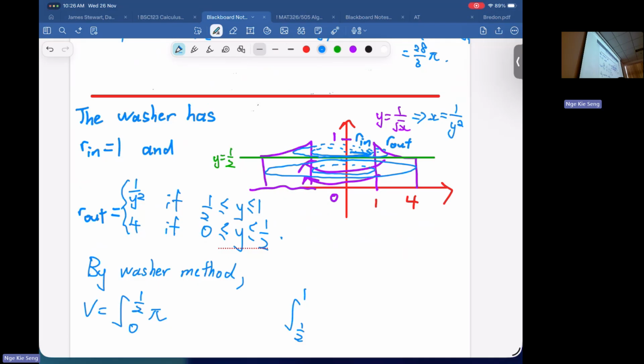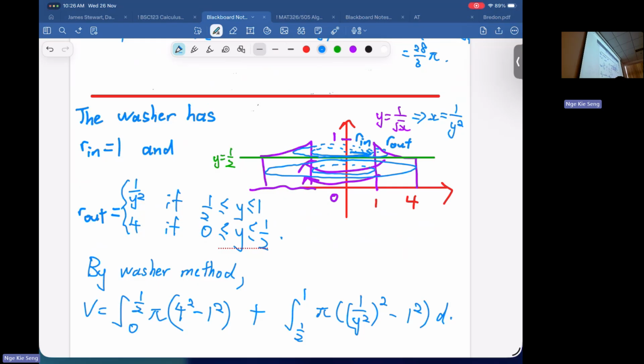From 0 to half, we just get pi of 4 square minus 1 square here, plus from half to 1, we have pi of 1 over y square minus 1 square.